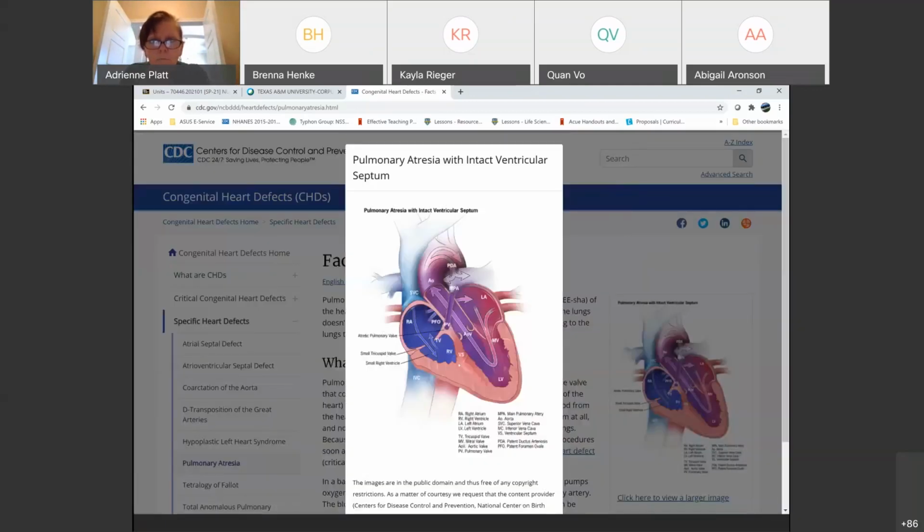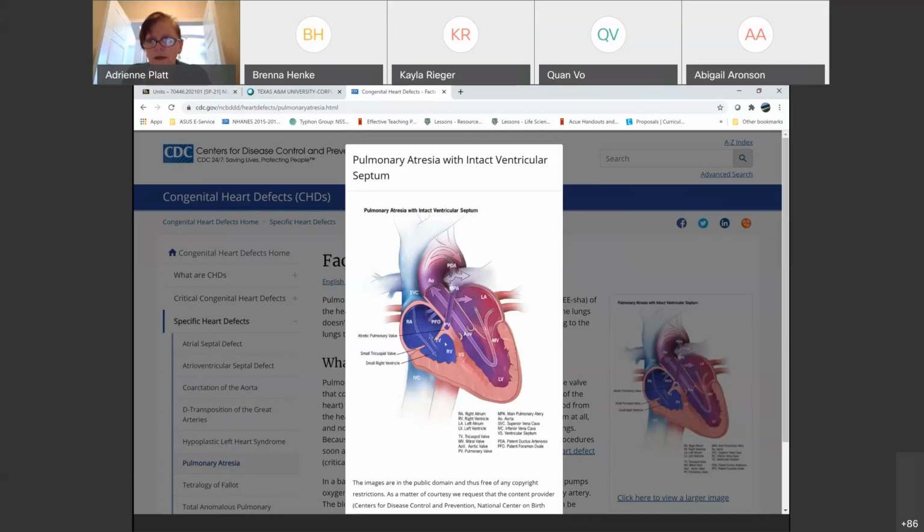Okay, so it stops. I'm trying to find the pulmonary artery. There's the aorta there. I don't know why that doesn't say pulmonary artery, but it's like a pocket, and, well, there's the PDA there, but anyway, this is atresia. The pulmonary artery does not connect to the right ventricle.